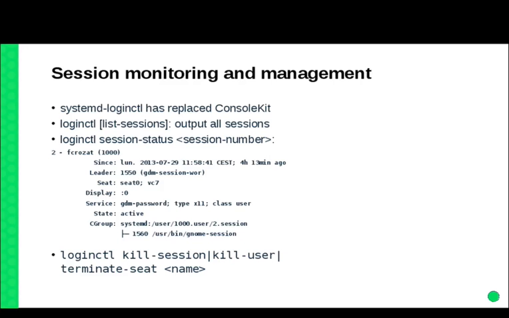So, as Scott mentioned, sometimes on a system you need to see who is logged on the system, to which seats. We have something called LoginD and LoginCTL, which are part of systemd. Those are very handy tools. With LoginCTL, you can basically see who is connected to what on your system.